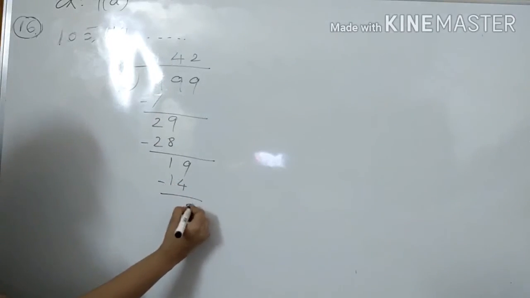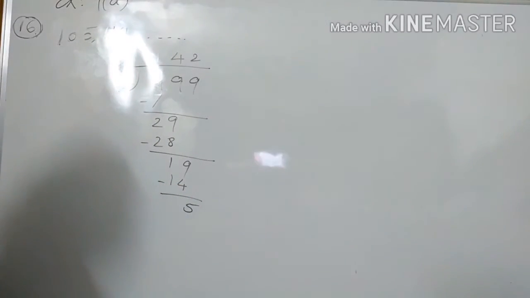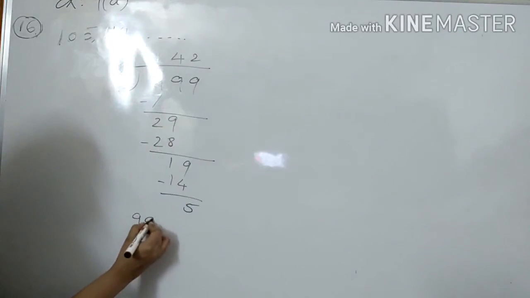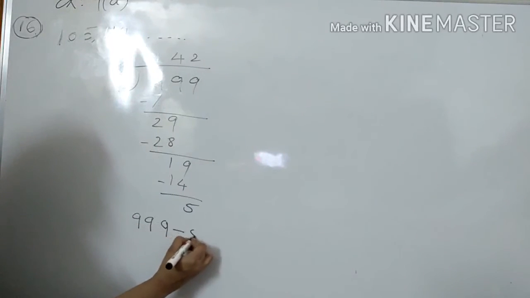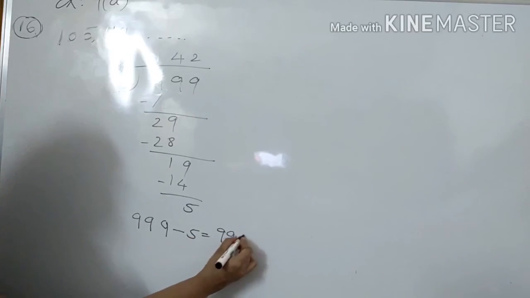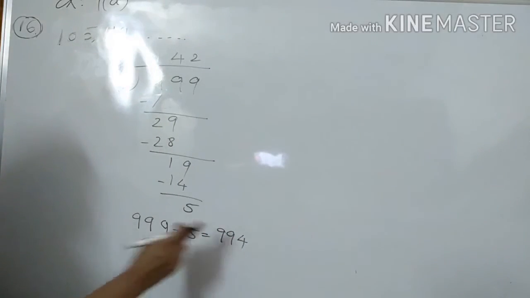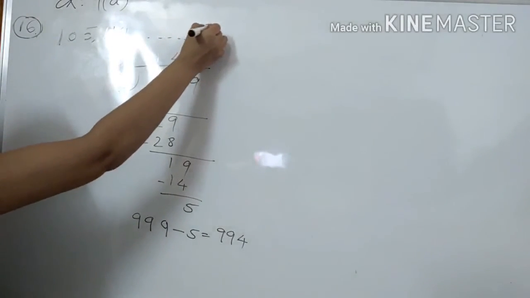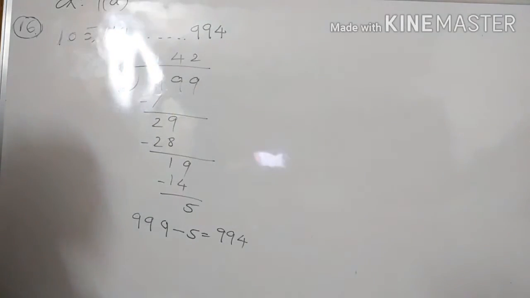How many left here? 5 is left. So this 5 I will subtract from our dividend, that is 999 minus 5, we get 994. So this is the highest 3-digit number of this AP which is divisible by 7. So I complete this AP by writing here 994.